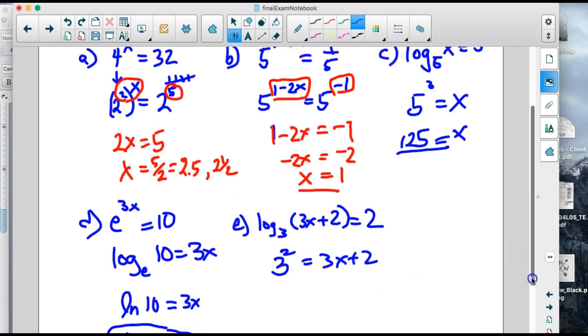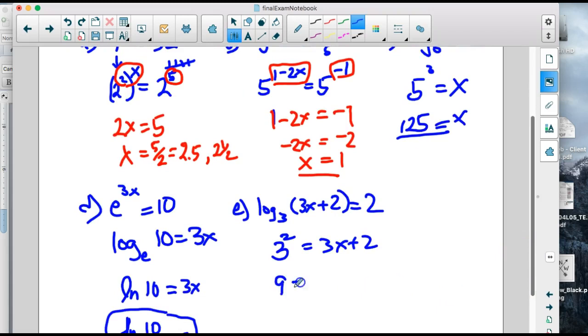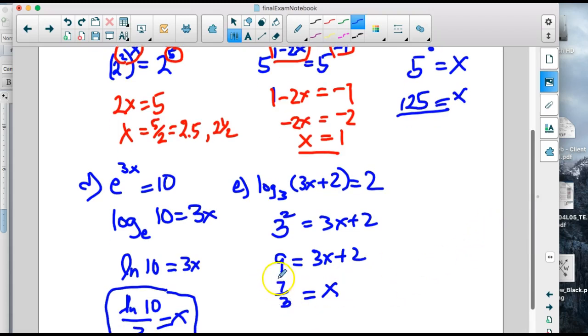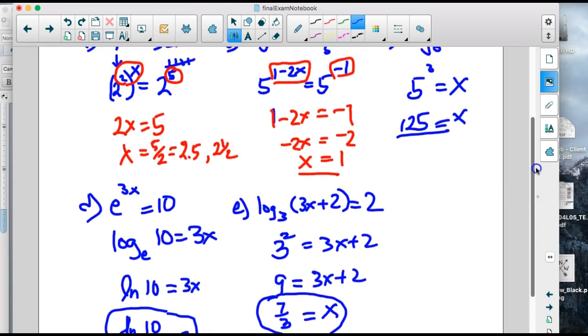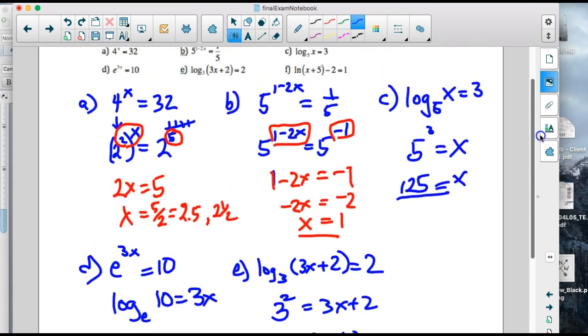So we have 9 equals 3x plus 2. We subtract 2 and divide by 3. If we subtract 2, we get 7, and we divide by 3, so 7 over 3 is the answer to this one. You can leave it like that, or write it as a mixed number, 2 and 1/3. I wouldn't write it as a decimal. It doesn't come out to be a nice decimal like letter A.